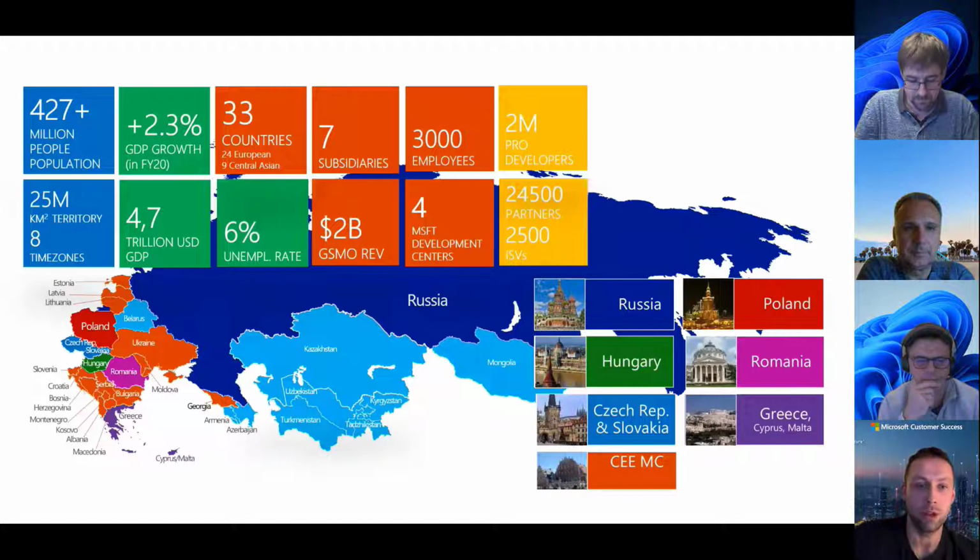Because AWS or Google, maybe they have some presence in Poland nowadays, maybe also something is coming to Czech, but they will for sure not be in Croatia or smaller countries like this. So that's our big plus. You can talk to the local team in your language.